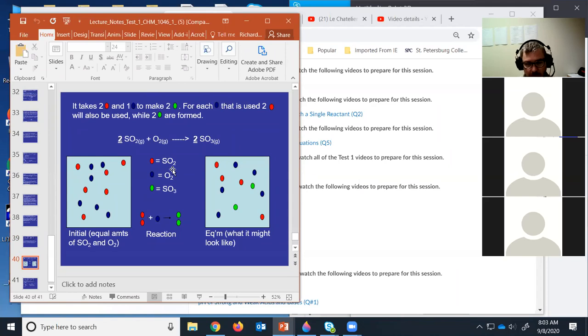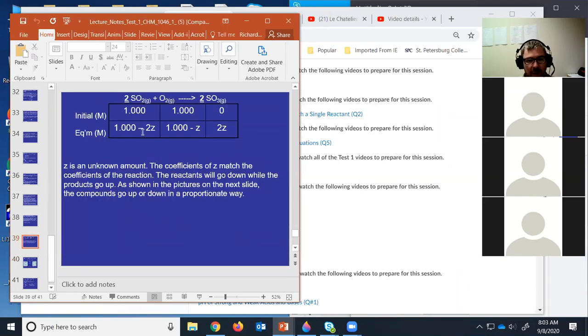So this should be enough to explain why we get minus 2Z, minus Z, and plus 2Z over here. So this is being formed, so that's going to be plus 2Z there, 0 plus 2Z essentially. Does anybody have any questions? Nope. Okay.